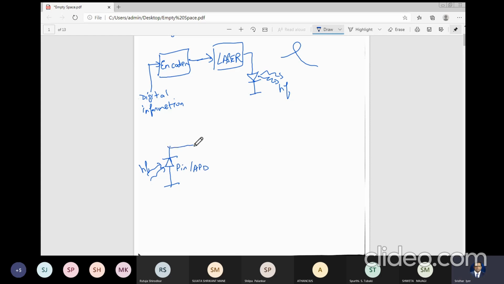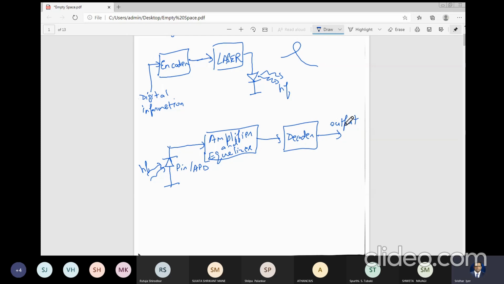And from here, it goes to an amplifier and an equalizer. We still need to see what this equalizer will do. Basically a filter. And then from here, it goes to a decoder. And from here, you get your output. Okay. So the bottom part would be the receiver.